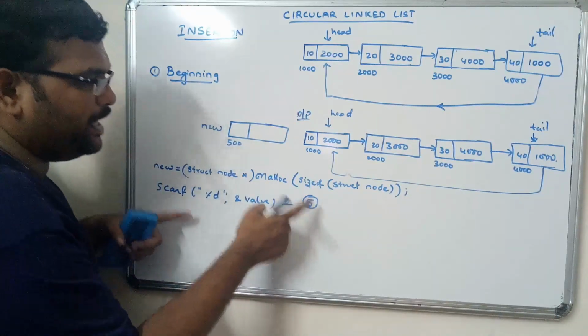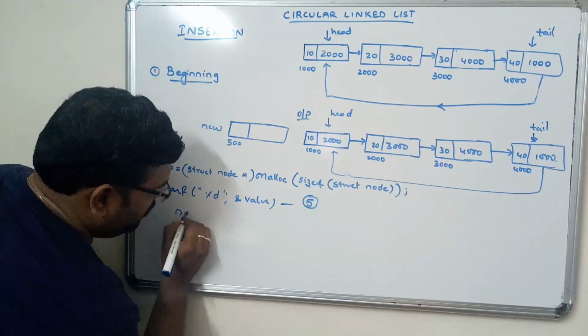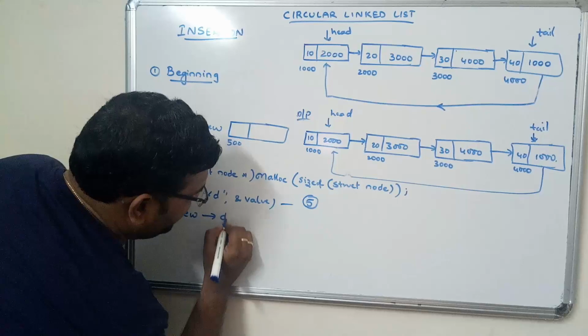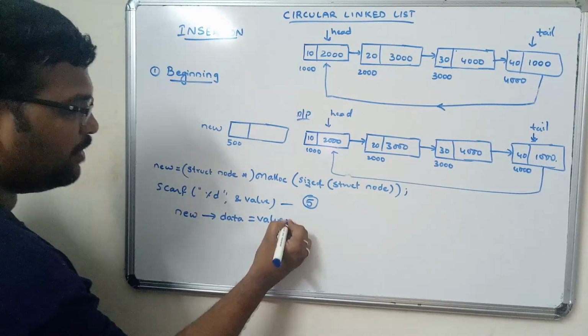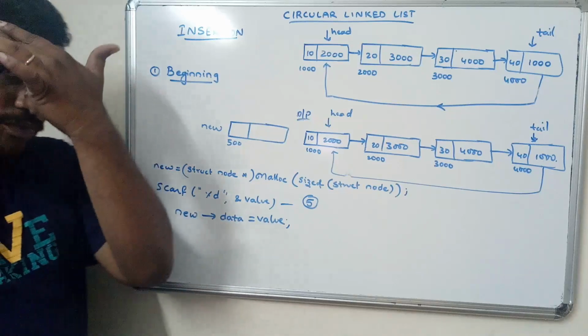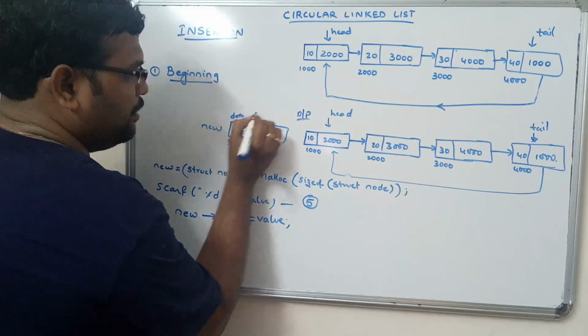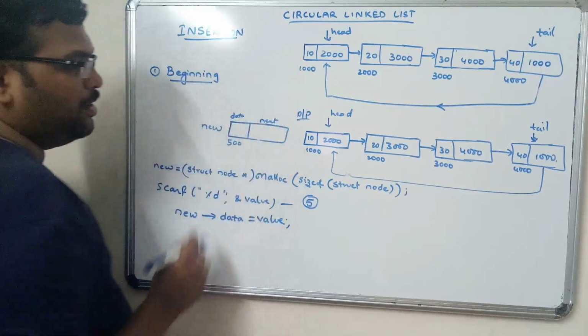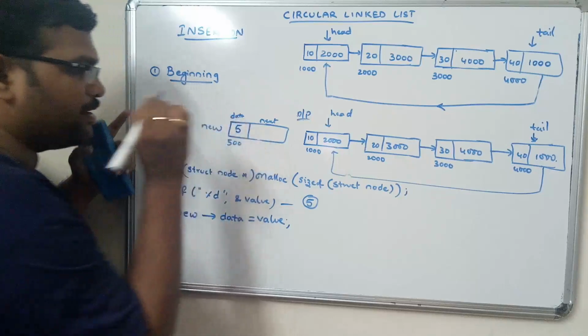So the 5 should be inserted here. Now new of data is equal to value, right? The first step is new of data is equal to value. That means this is the data, this is the next. So new of data is equal to value, so 5 is placed here.